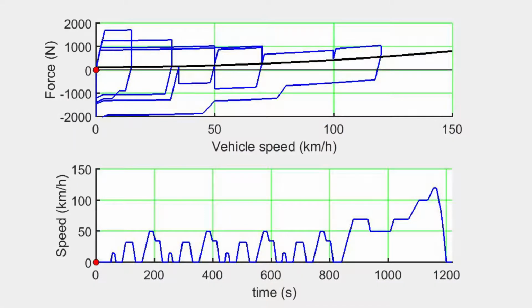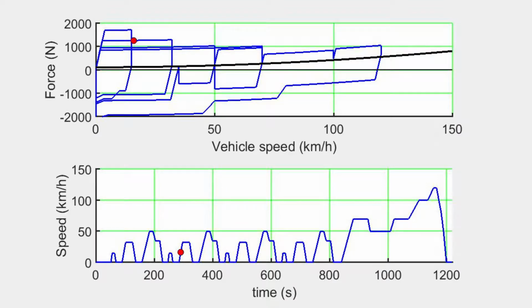Now we will run through the cycle and stop a few times to comment on what we see. Notice that each time the speed is constant, the operating point is on the running resistance curve. The higher the speed, the further to the right the operating point is.